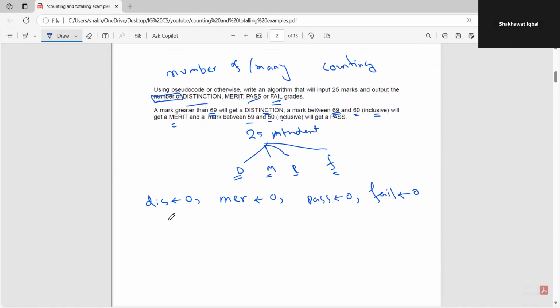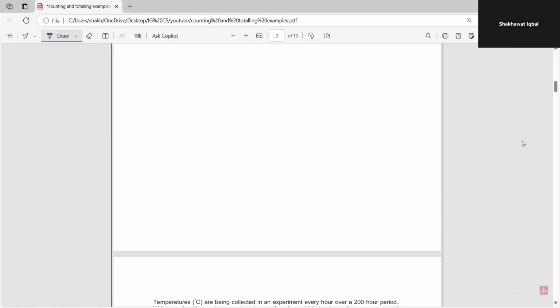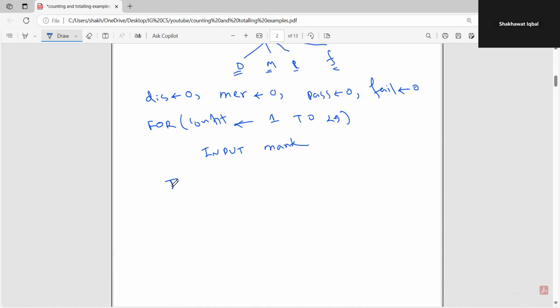Okay. Now 25 students. That means we have to use a loop, for count equals 1 to 25. Based on what am I taking the decision? Based on the mark we will take the decision. So input the mark. Now if the mark I got is greater than 69, then distinction will increase by 1.